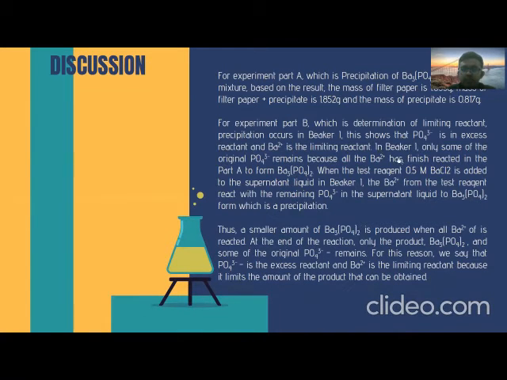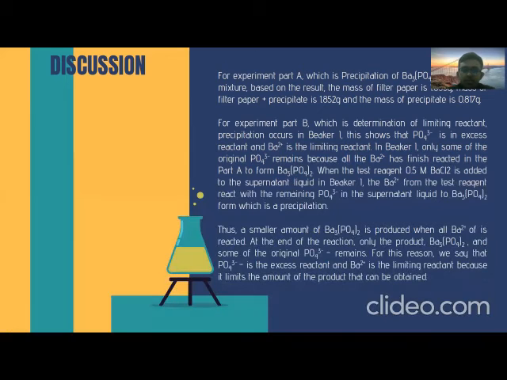When the test reagent 0.5 M BaCl2 is added to the supernatant liquid in beaker 1, the barium from the test reagent reacts with the remaining phosphate in the supernatant liquid to form barium phosphate, which is a precipitate.